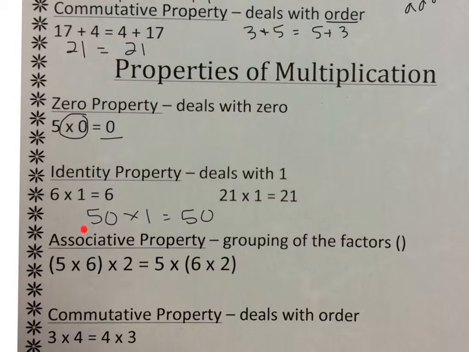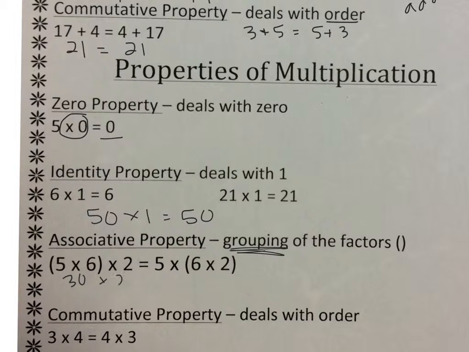Let's move on to the associative property. And it's a lot like the associative property of addition, but this time we're just multiplying. That's the only difference. And if you have a 5, a 6, and a 2, they're not in a different order. It's just that they are grouped differently. 5 times 6 is 30.